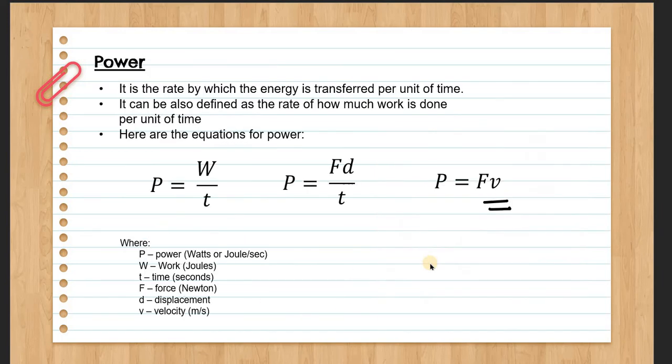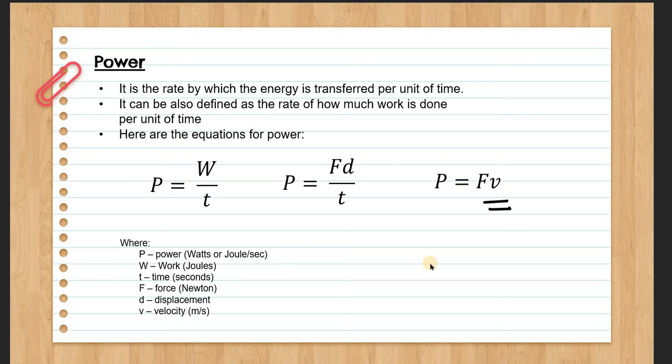Okay, and we also discussed power. So power is the rate by which energy is transferred per unit time, or the measure of how much work is done per unit time. Okay, so for example, you're working, you're consuming 100 joule every 5 minutes. So you're talking about power.